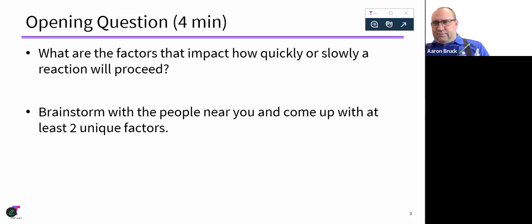So I want to pose this question to you here at the start. Since we are talking about reaction speed, let's brainstorm some ideas. What are some factors that we can identify that might help us to determine how quickly or slowly a reaction might go?